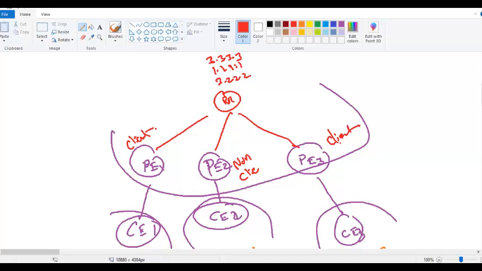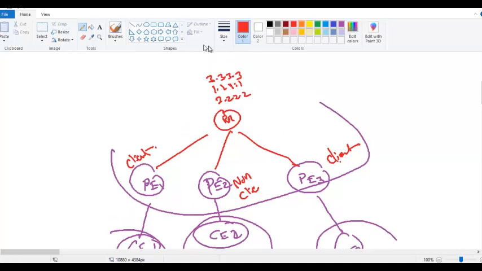So I want to ask a question and you should answer. Tell Arindra, will PE3 learn about all these three networks, meaning the other two networks? Will it learn from the RR or not? Yes, because it is a PE client.